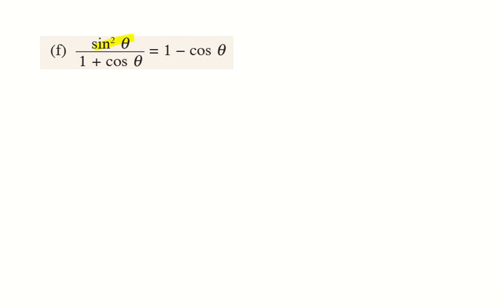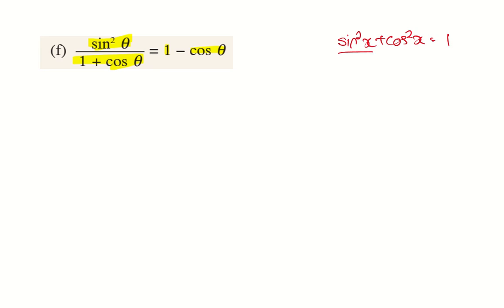F. Here we have sine square. Okay, take note that we have one term, and the right hand side you have two terms. We are going to split it into two terms. Alright, let's list down the formula that we have. Sine square x plus cos square x equals to 1. Yep, I have the idea.